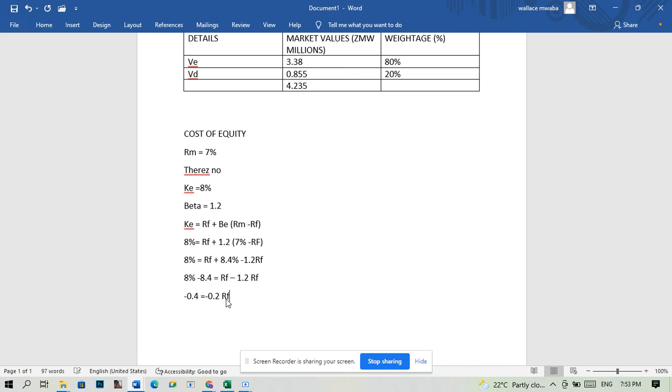Then we're going to divide both sides by negative 0.2. We're going to say negative 0.4 divided by negative 0.2. What value will we get? 2. Okay, so the risk-free rate is 2%.